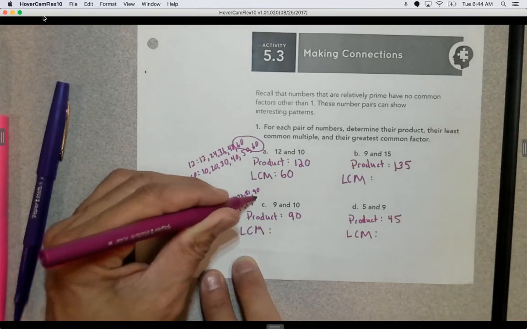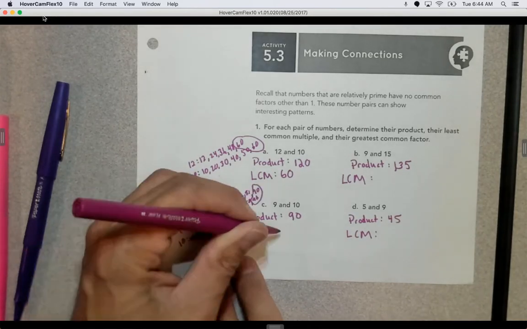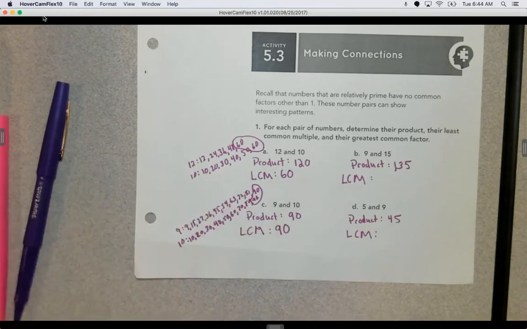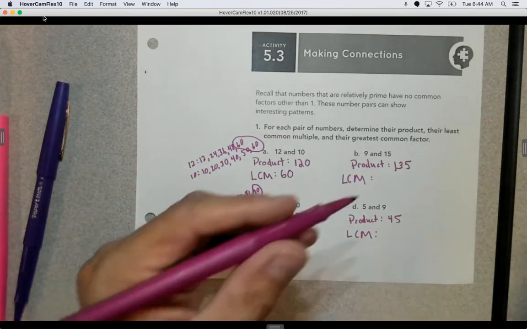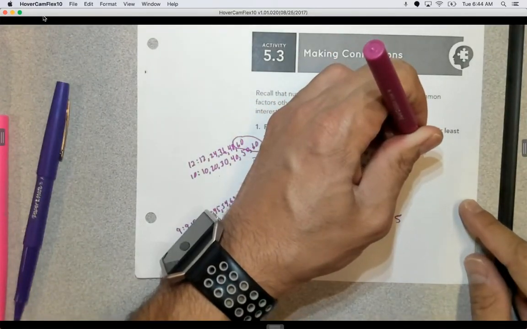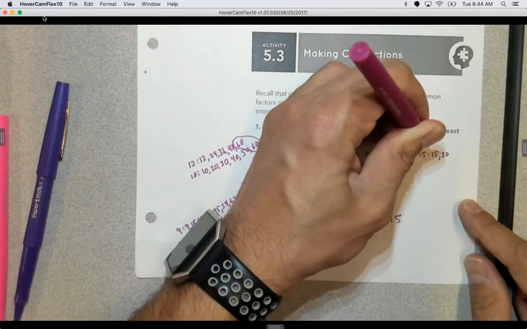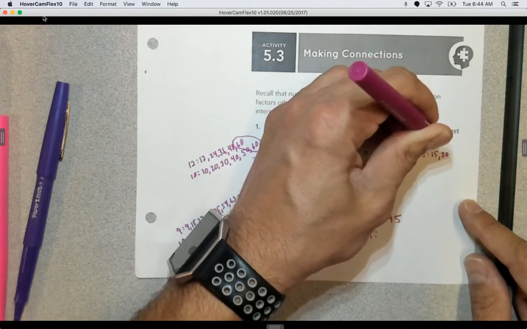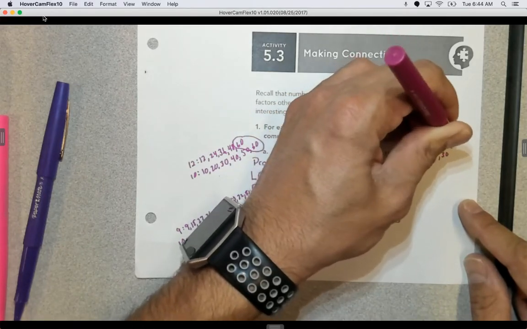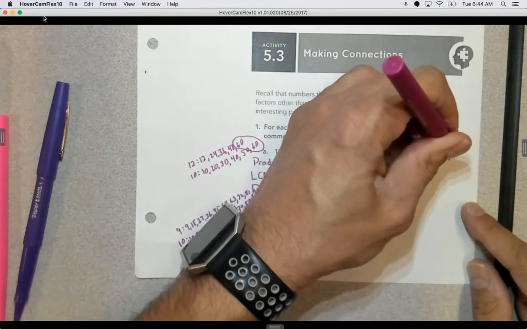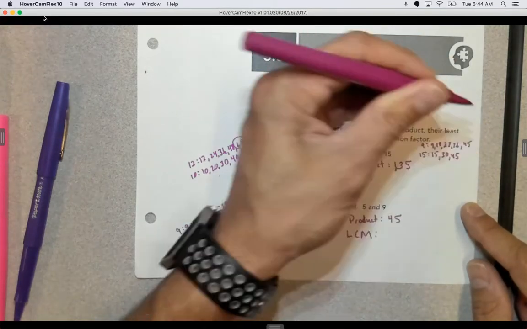So their LCM is equal to the product for that one. For 9 and 15, it will not be. 15 is 15 and 30. Then I'll go back and forth with them. I'm like racing them. 18, 27, 36. Then I'll do 45. The next one's 45. The LCM is 45 between these two.